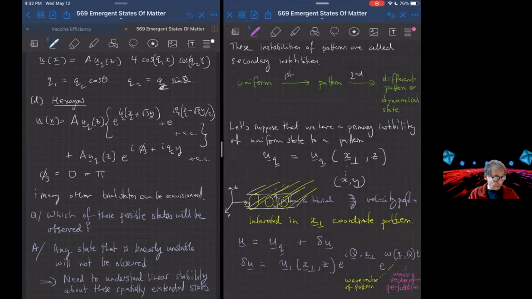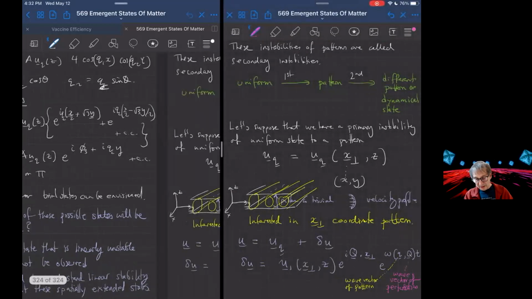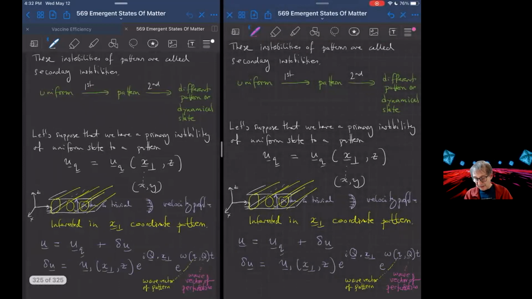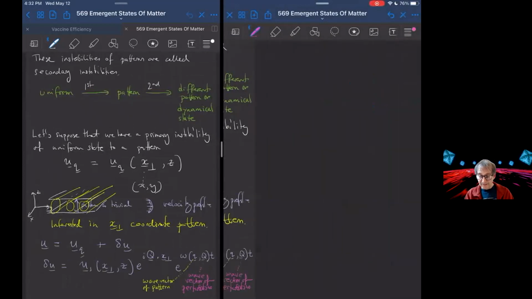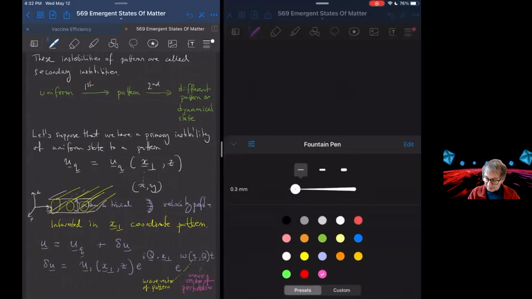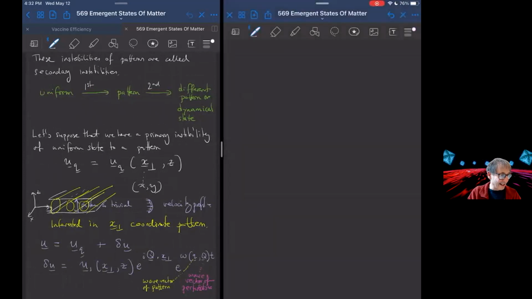And so now we have to compute this omega as a function of the two Qs. Okay, so you can really start to see that this thing gets quite complicated real quick.